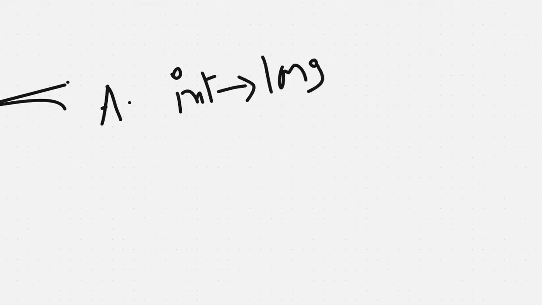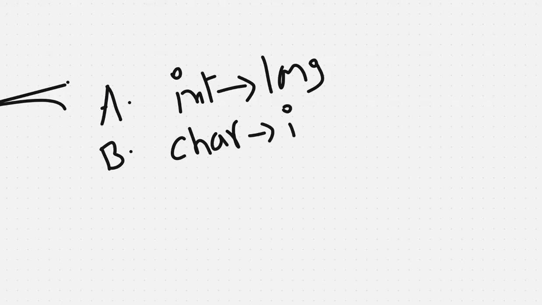The first option, int to long. B option, char to int. C option, boolean to int.